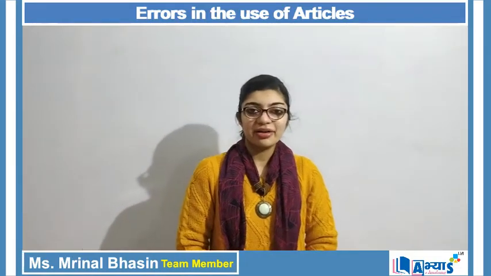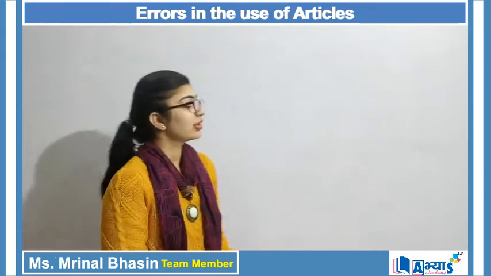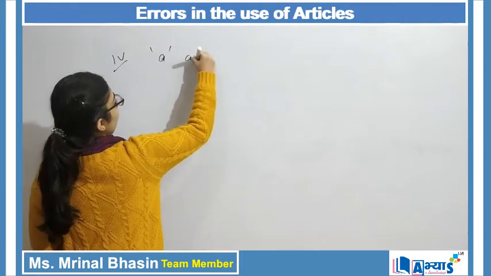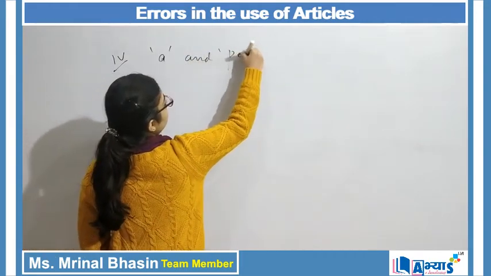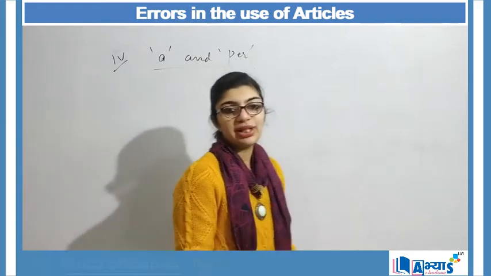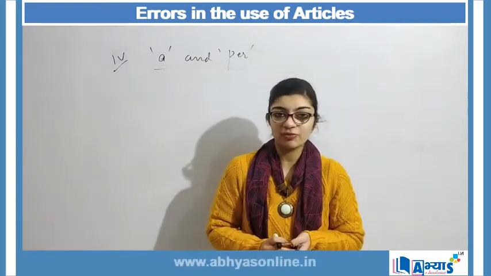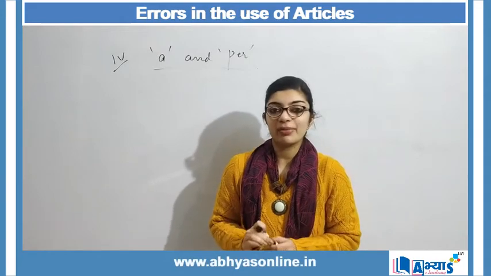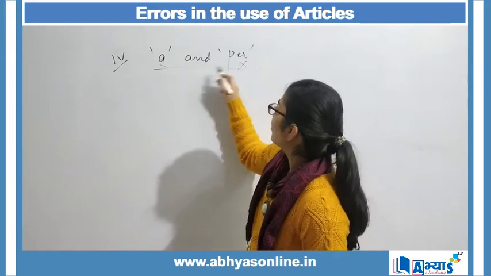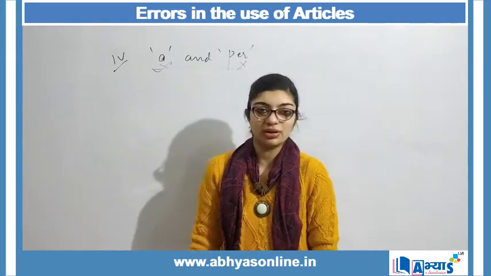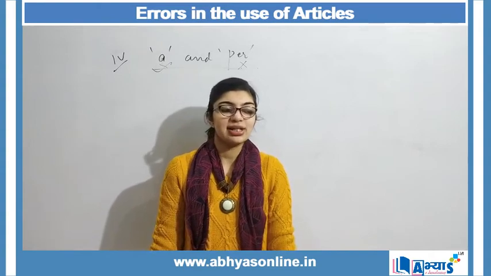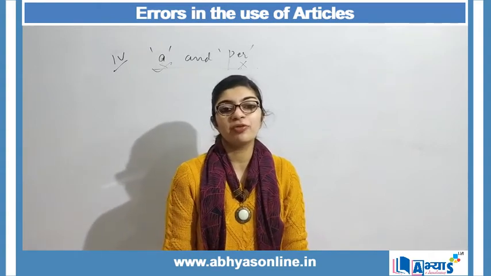Now the next error can be in usage of "a" and "per". Usage of "a" and "per" can be quite confusing for some people, but remember that we do not make use of "per", but instead we make use of "a". For example, it is rupees 25 a kg.